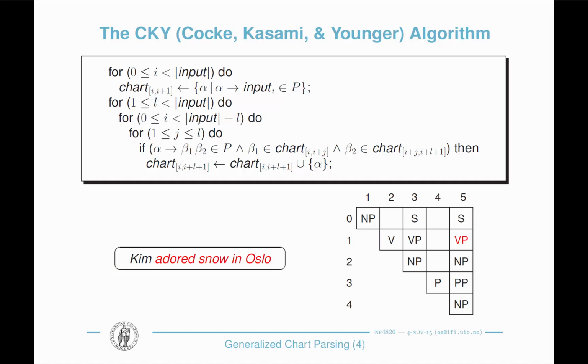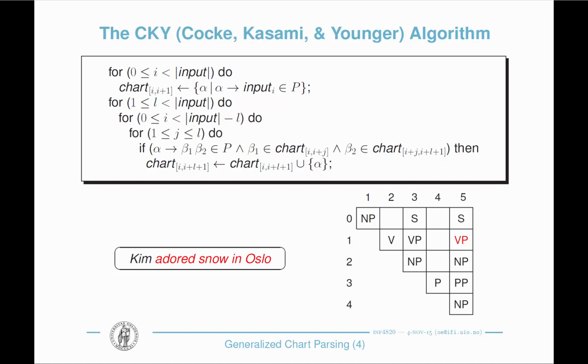So one target cell, these indices, and 2 source cells, these indices, and then we just ask, do we have a production that has beta 1, beta 2 on the right hand side, where beta 1 is in the first source cell, beta 2 is in the second source cell? If so, if we have such a production, then alpha goes into the target cell. That's what we're doing here.